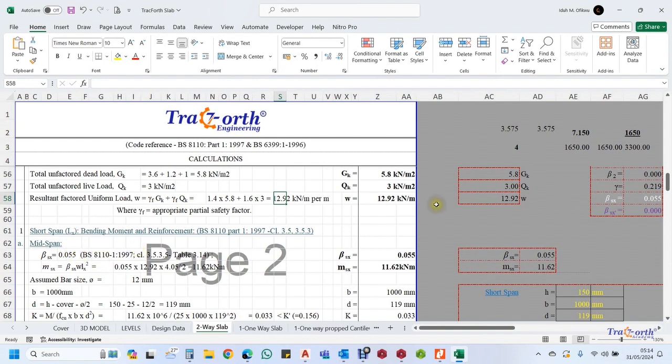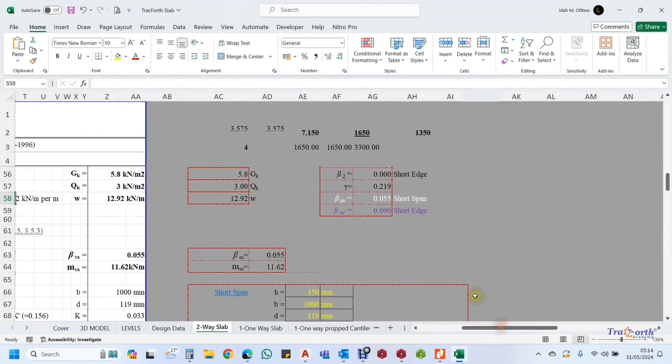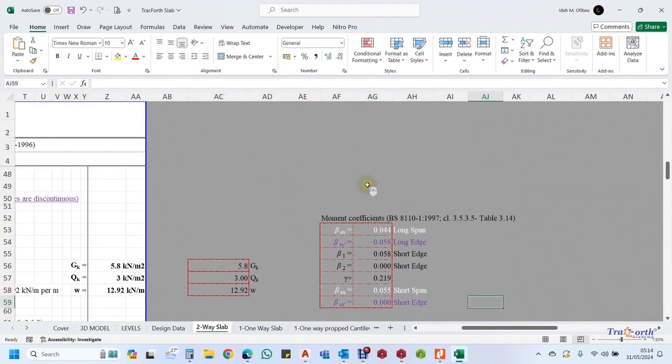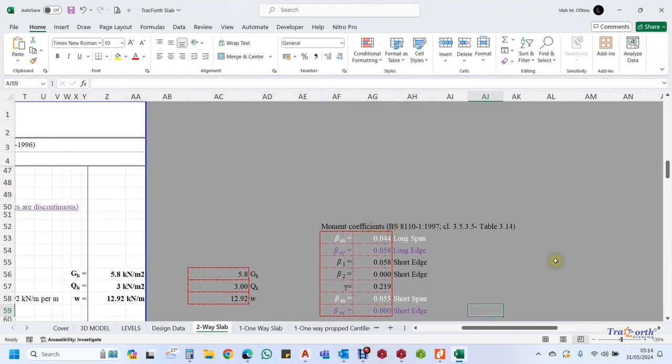But I've also tried to automate this, and I'm going to give you a clue. Sorry, let me delete this. So the moment coefficient table, I've automated this using the formula, because how they generated this table is out there in the code in this class. So I use it to generate the table.